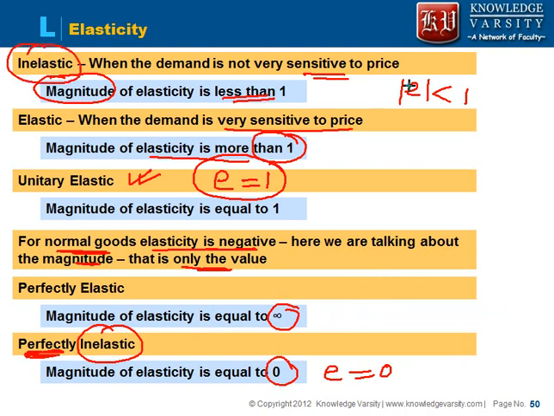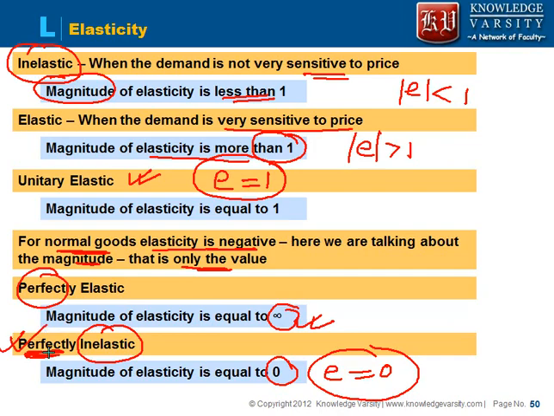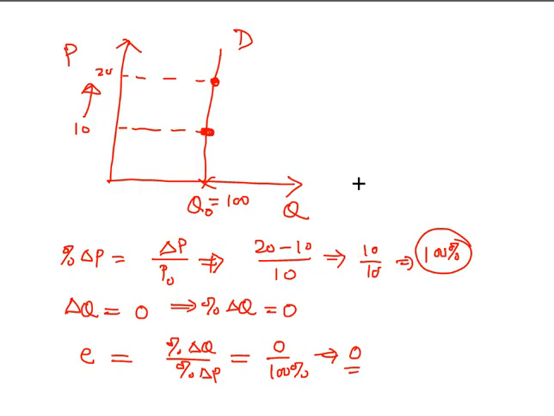We said that it is less than 1, but we have the terminology perfectly inelastic. When elasticity becomes 0, it is called perfectly inelastic. Similarly, we have perfectly elastic when it is infinity. We said that elasticity is greater than 1, but when elasticity becomes infinity, it is called perfectly elastic. Let us first understand perfectly inelastic through our illustration.